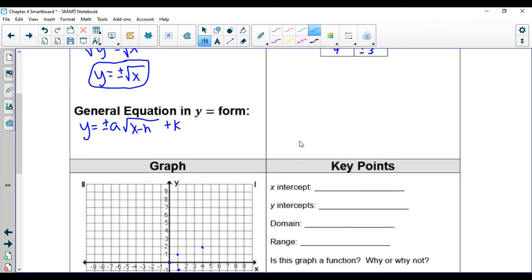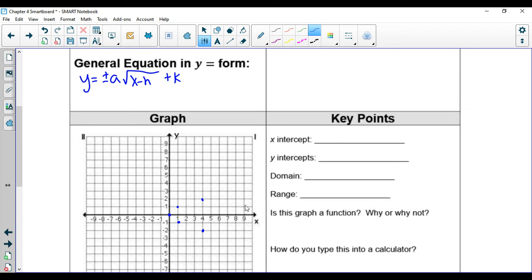And the last one's 9 plus or minus 3. So I'd have 9 positive 3 and then 9 negative 3. And if you connect these, you should notice that we have a sideways parabola, which we call a sleeping parabola because it's on its side. It's taking a nap. So we call this a sleeping parabola.